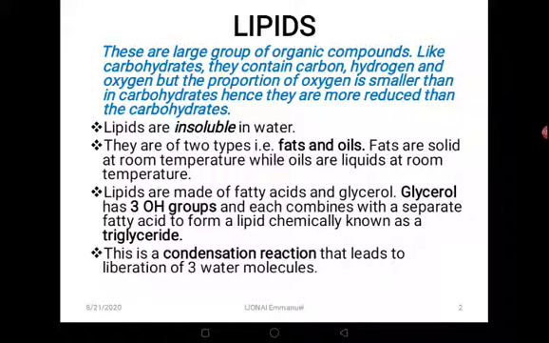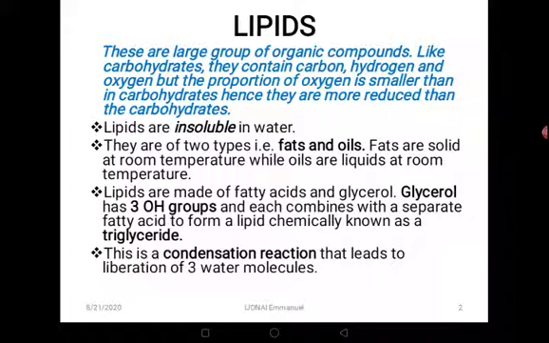Usually it floats on top of the water. They are of two major types: fats and oils. The difference is that the fats are solid at room temperature and oils at room temperature are liquid. So that is the difference between the fats and the oils. But fats and oils are collectively called lipids.